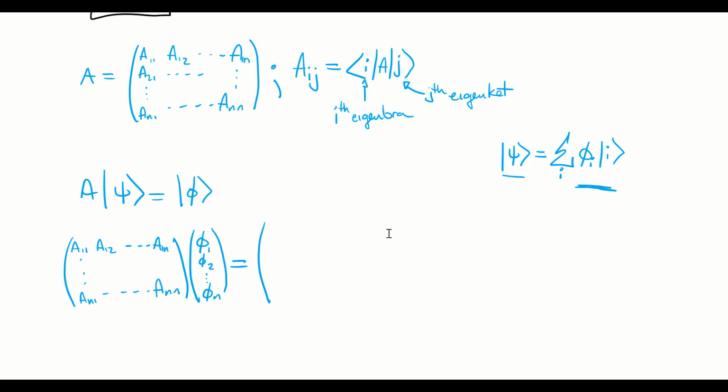And this is going to equal another column vector that can be expanded in the same way, but it's just going to have different coefficients.